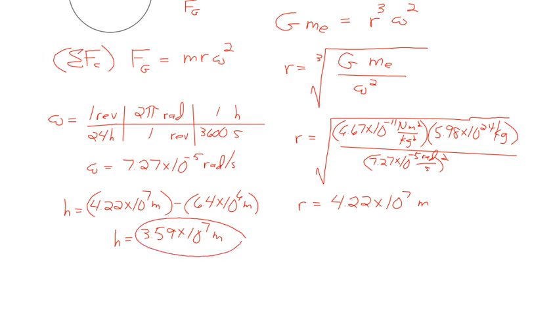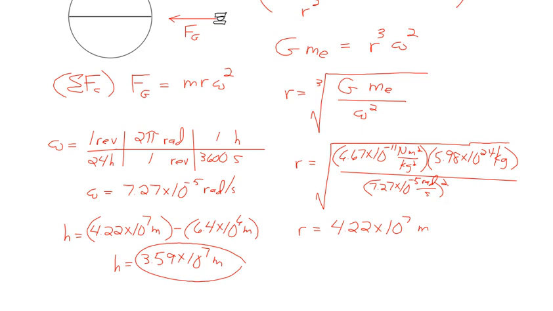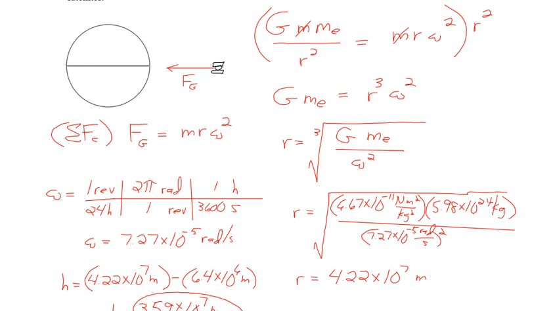So there is your answer. Now let's look and see what that actually means on the picture in terms of how far away that is. From here to here is 1 radius. The number that I just gave is about 6 radii above the surface of the Earth.